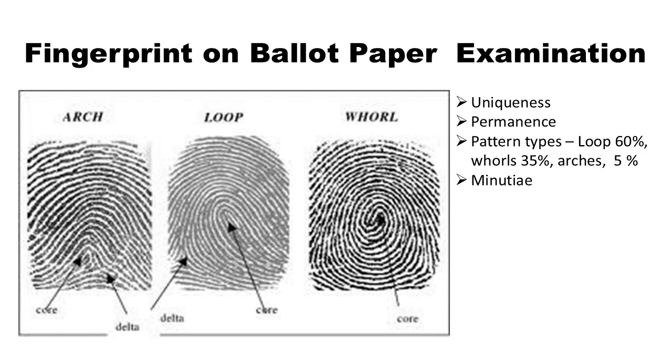And all fingerprints can be generally classified into three. We have arch, as we have it on the screen, we have loop, we have whorl, though each one of them can be further classified into subdivisions. But let's just limit ourselves to this.